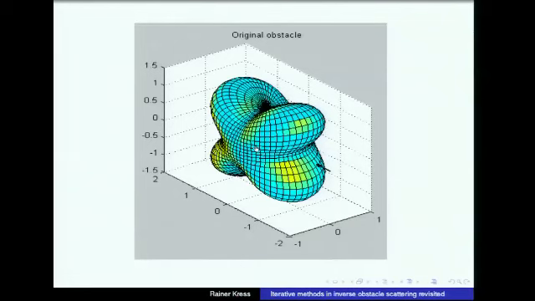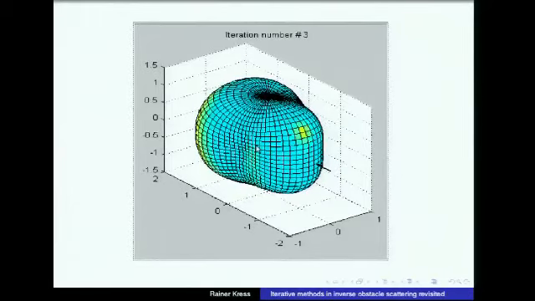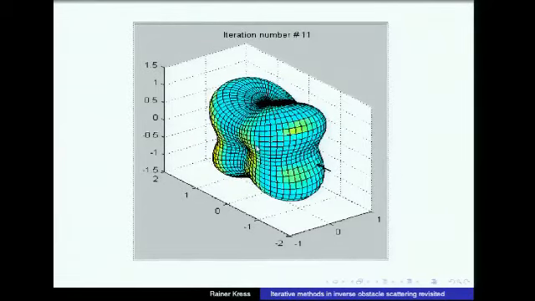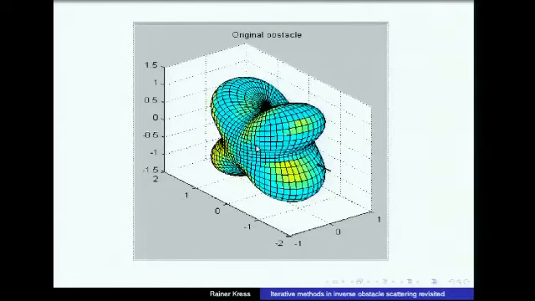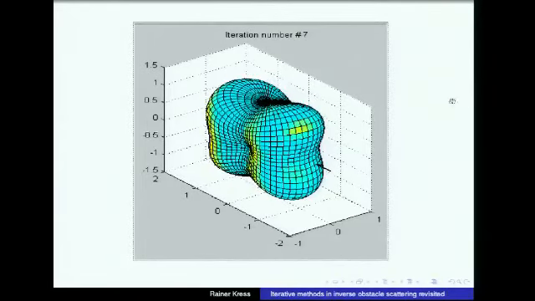And a more complicated object, again starting the iterations with a ball, we get after 13 iterations satisfactory reconstructions.